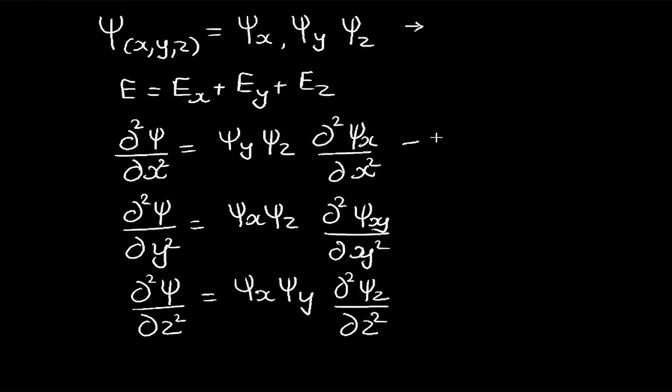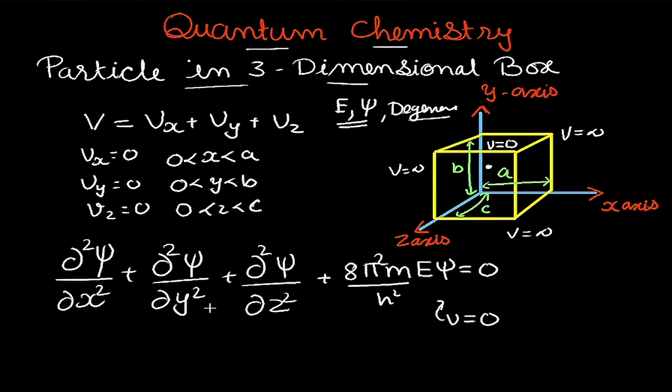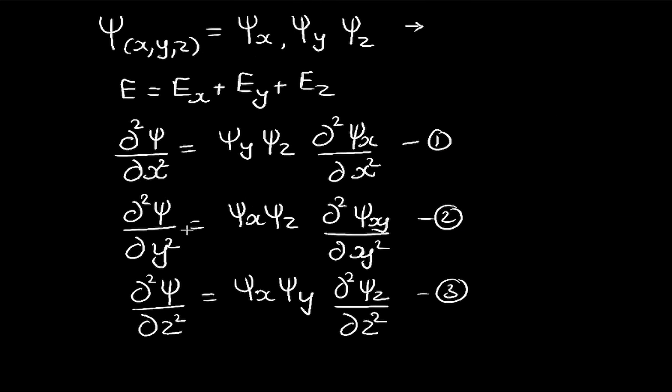So these three expressions, that is 1, 2 and 3, could be substituted in this, because we have d square psi by dx square, and that is equal to this particular expression. Similarly, d square psi by dy square is this, and d square psi by dz square is this.